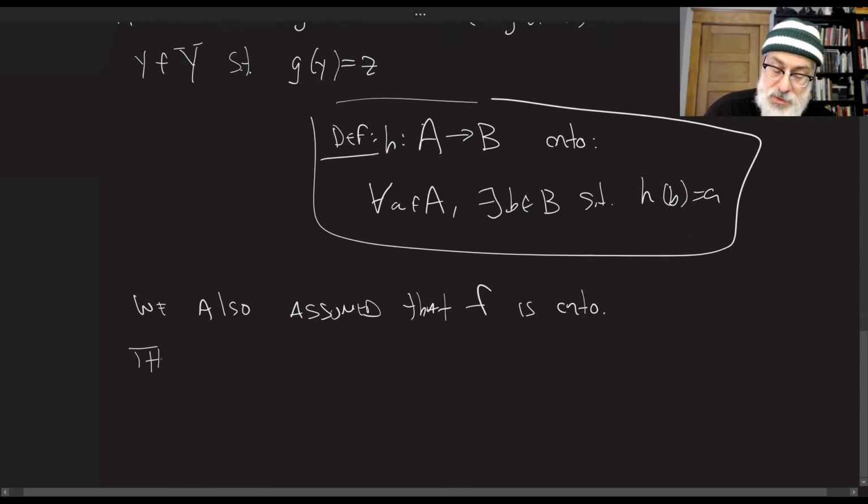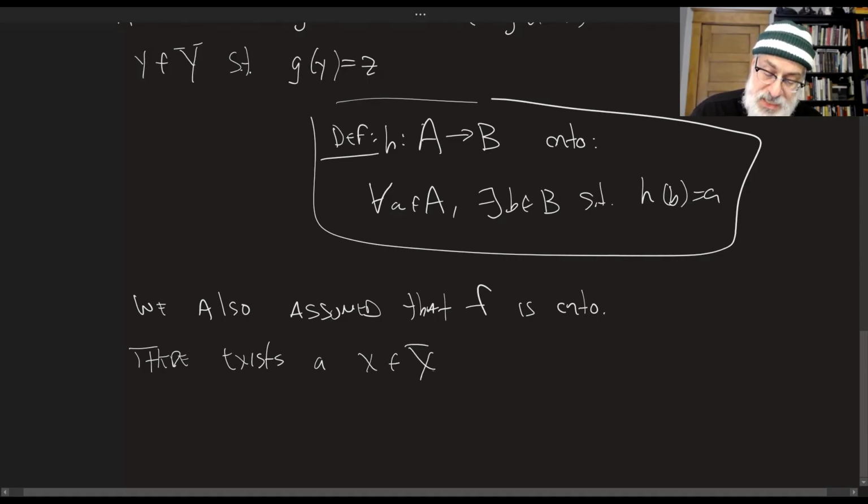So this means there exists an x in the set X such that f of x is equal to y. Again, this is a definition of onto. So f is onto, g is onto.